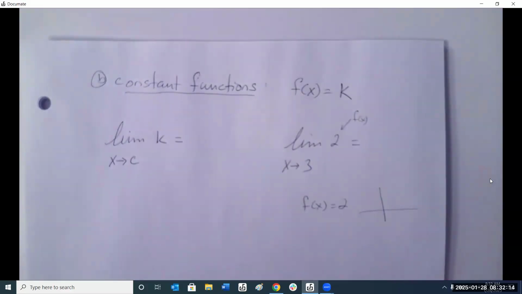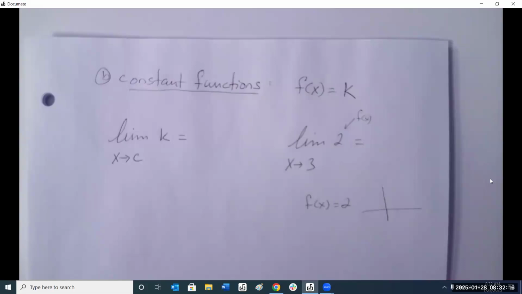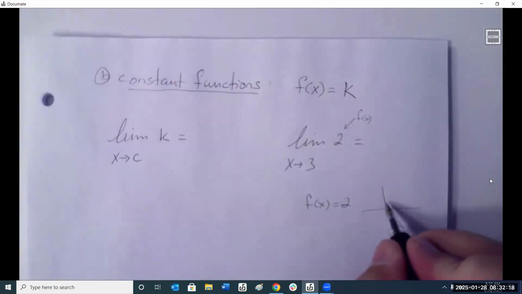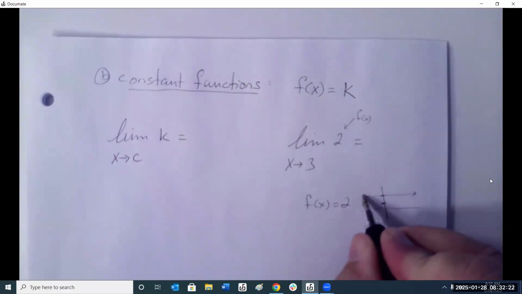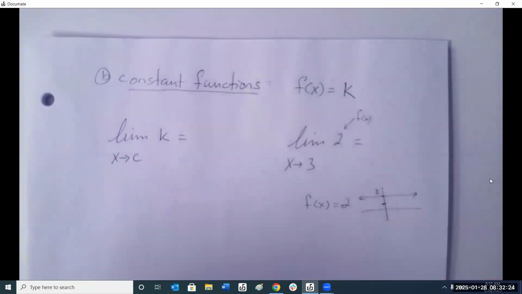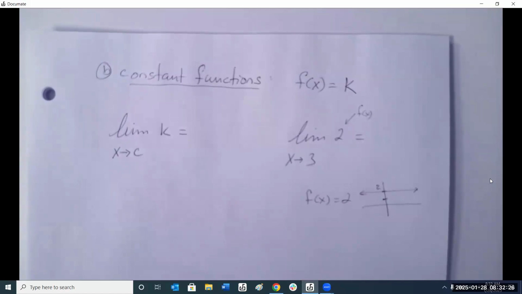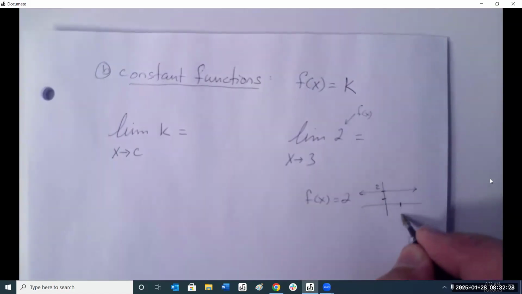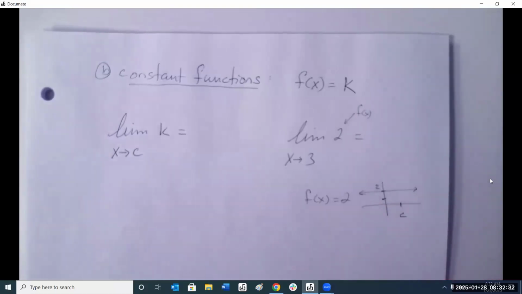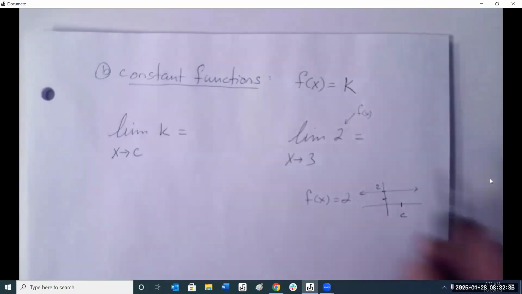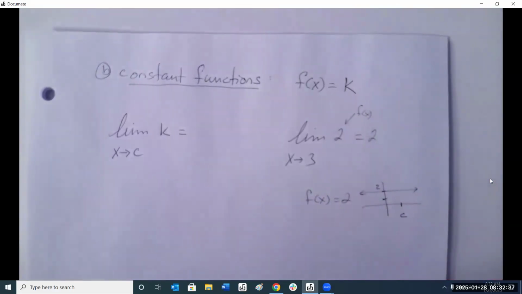And don't say a line. It's a horizontal line going through 2. So no matter what value c I give you, what is it always going to approach? 2. So in this case, it's always going to be 2.